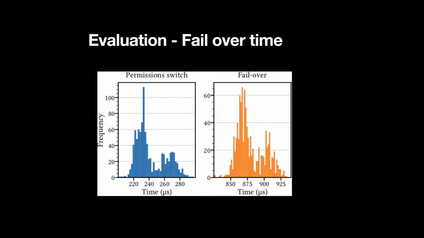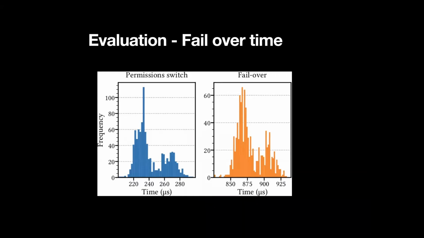On the left we see the permission switch component of the failover time, and it's around 250 microseconds. So the permission switch forms almost a quarter of the failover time.